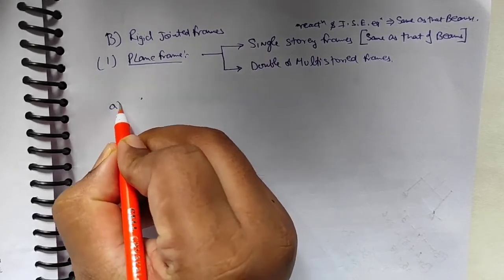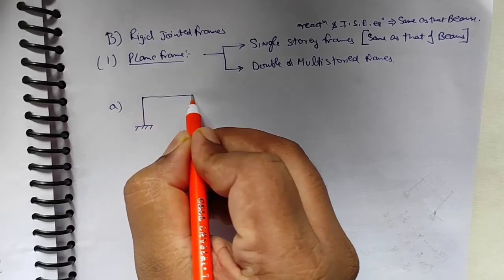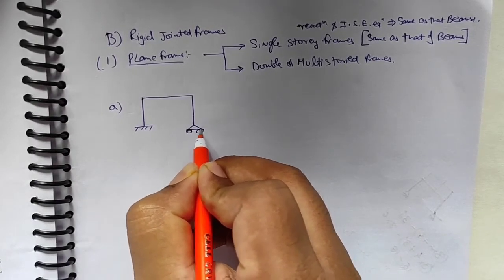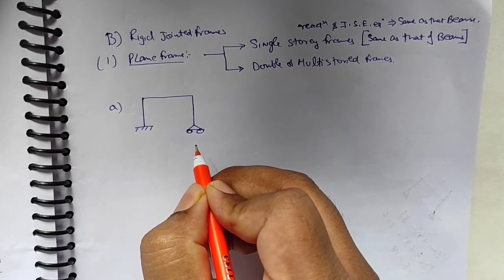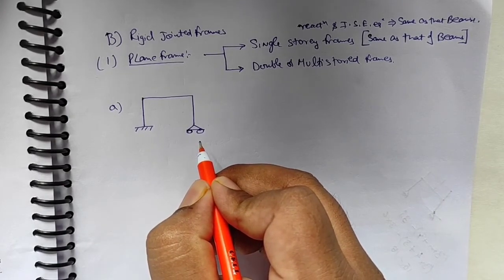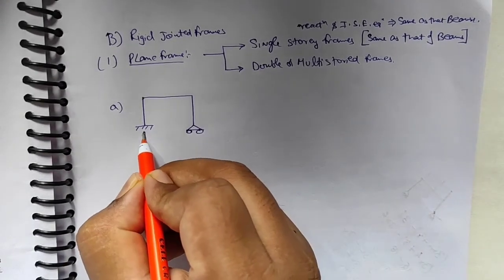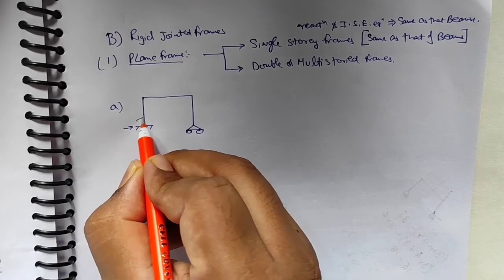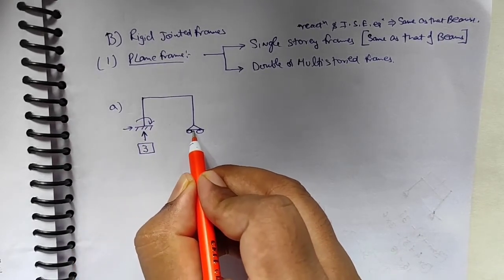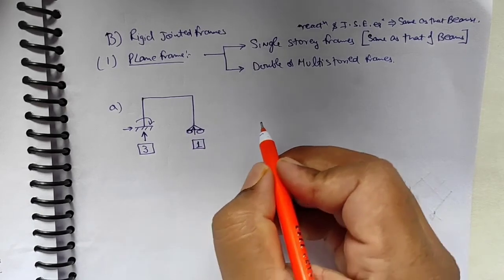If a question is given that is a single story frame having a fixed end support at one end and the other end has a rolling end. So here, as we know that in beams I'll have 3 unknown reactions at the fixed support and 1 unknown reaction at the roller support.